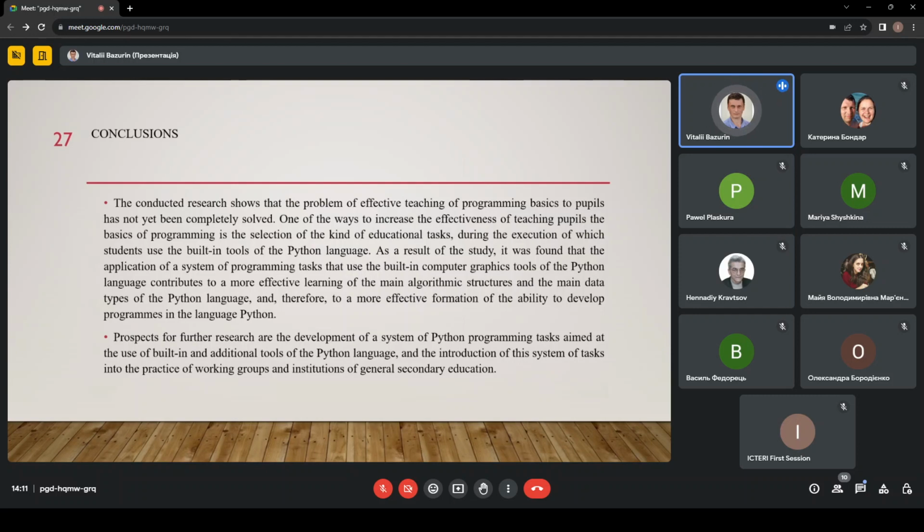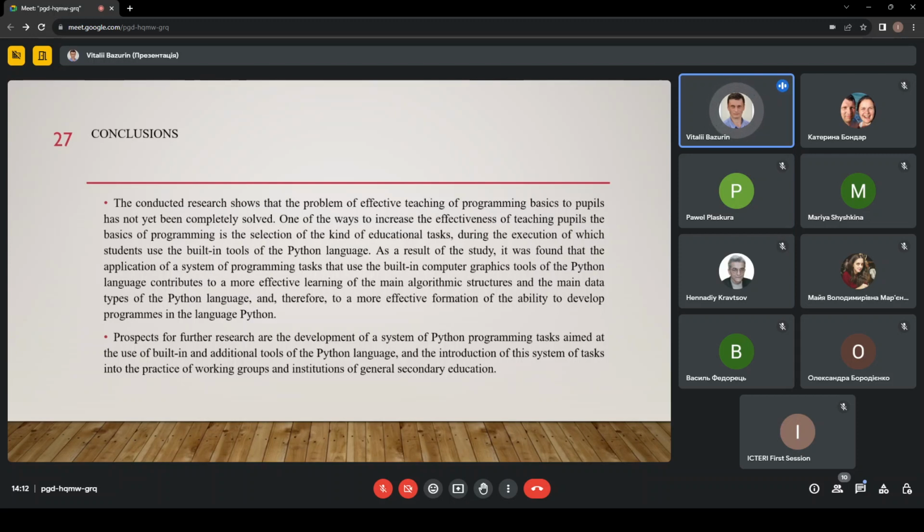As a result of the study, it was found that the application of a system of programming tasks that use the built-in computer graphics tools of the Python language contributes to a more effective learning of the main algorithmic structures and the main data types of the Python language, and therefore to a more effective formation of the ability to develop programs in the Python language.